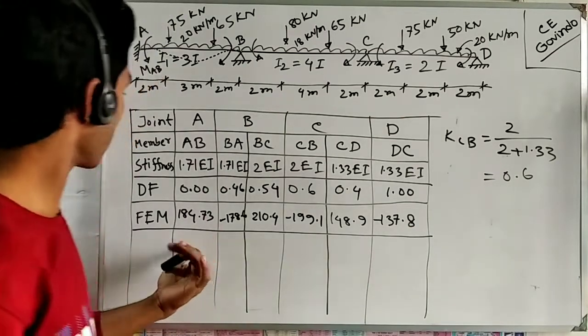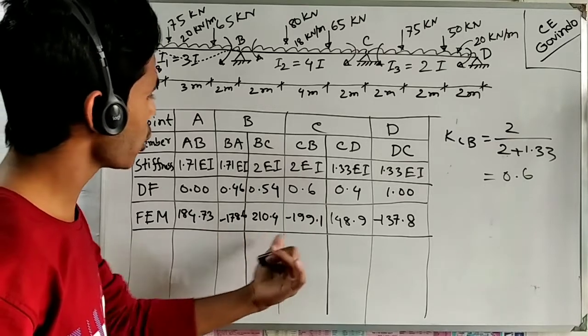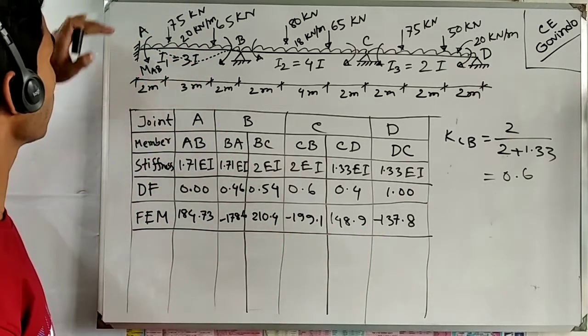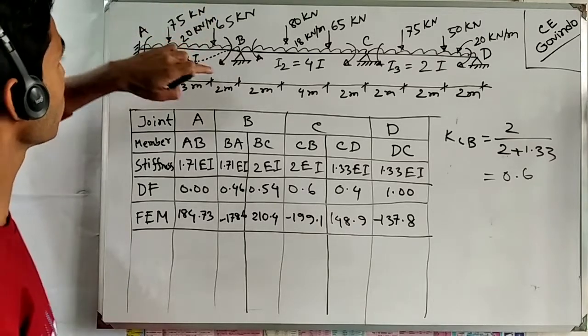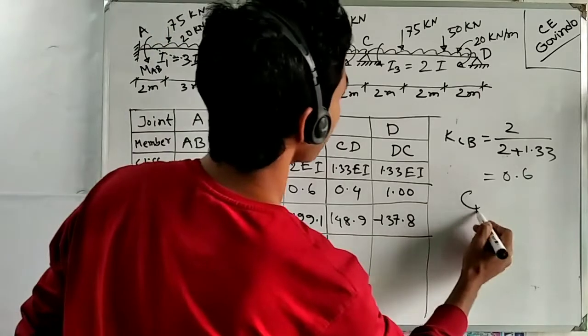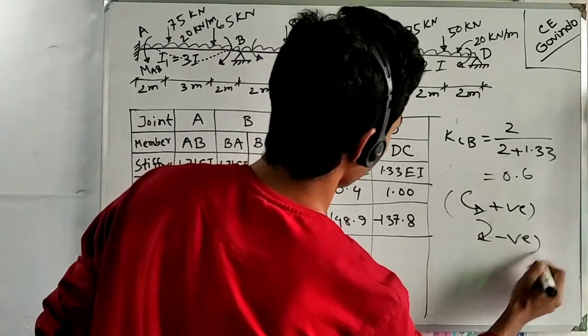Pay attention here: one moment is positive, then the next moment is negative, positive, negative, because one moment is in anti-clockwise direction, then the next moment is in clockwise direction. Here we considered the anti-clockwise direction as positive, so the clockwise direction will be negative.